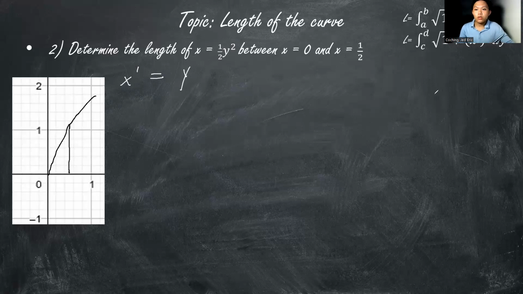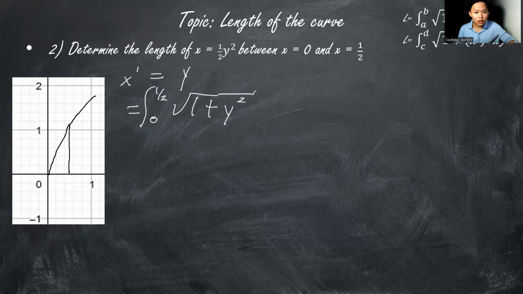So using this formula, let's write it. b is 1/2, a is 0, the square root of 1 plus y squared over dx.